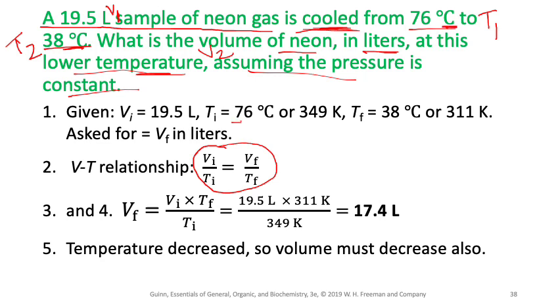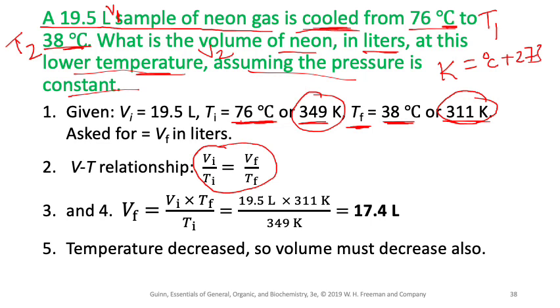So 76 degrees Celsius is equal to 349 Kelvin, because Kelvin is equal to degrees Celsius plus 273. Similarly, the final temperature of 38 degrees Celsius is 301 Kelvin, and we need to use the temperature in Kelvin. That's why we convert it.